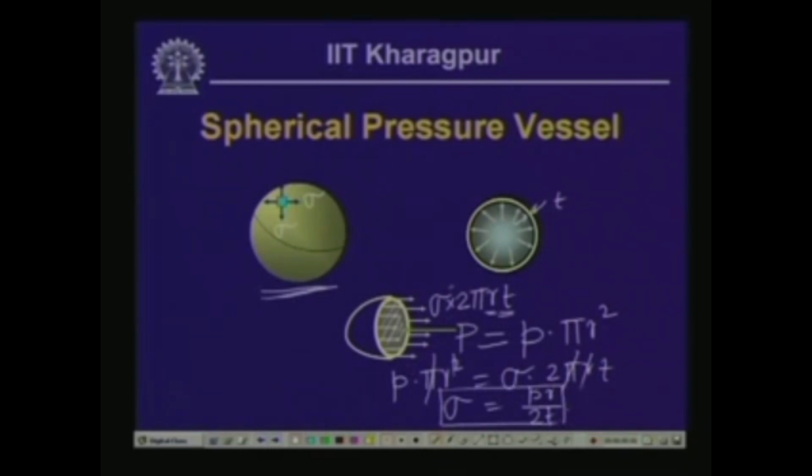Now, this being a spherical vessel, wherever we take a section through the center, we get identical stresses. Hence on this particular element we have, in both the x direction and the y direction, the normal stress sigma.